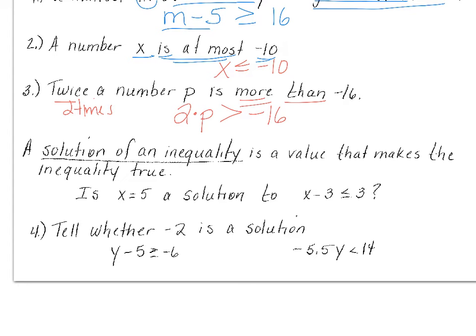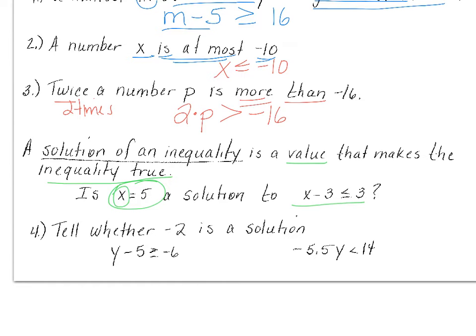Okay, so a solution of an inequality is a value that makes the inequality true. Okay, so if you eat 10 cookies and I eat more than you did, could I have eaten 9 cookies? Nope, because it doesn't work. So we're going to try, is 5 a solution to this equation? X equals 5.